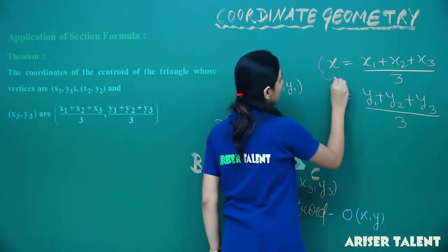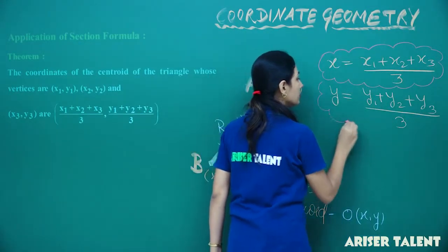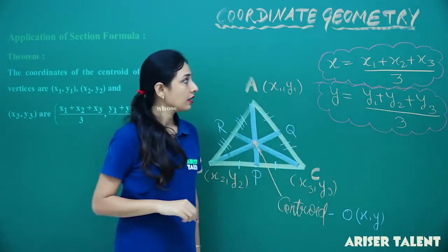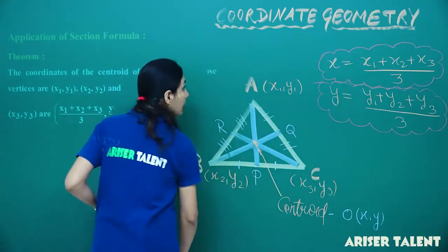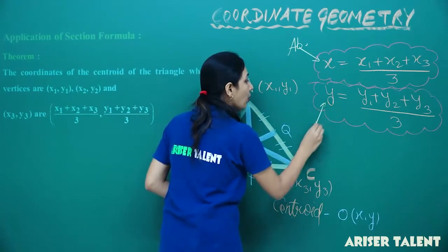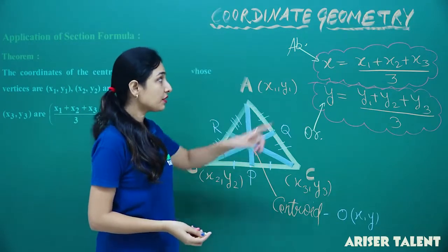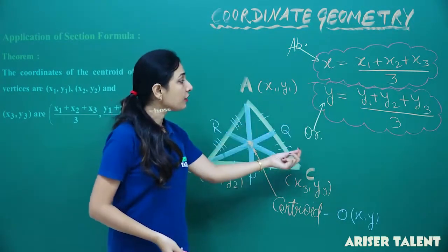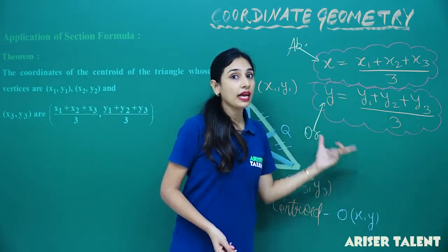So these are the two things, the abscissa and the ordinate of the centroid. Abscissa of the centroid: x equals x1 plus x2 plus x3 by 3. Ordinate of the centroid: y equals y1 plus y2 plus y3 by 3.